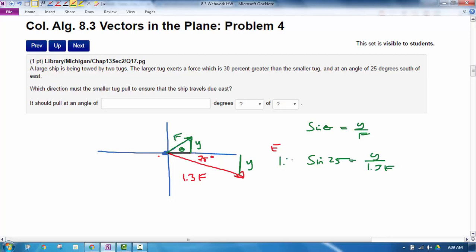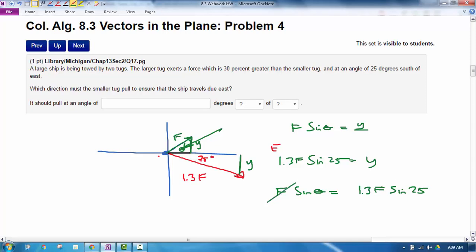Multiply both sides by 1.3f, and the 1.3f cancels. And multiply both sides of this equation by f, and then substitute, and you get f sine of theta equals 1.3f sine of 25. You're solving for this angle theta because that's what the problem asked for.